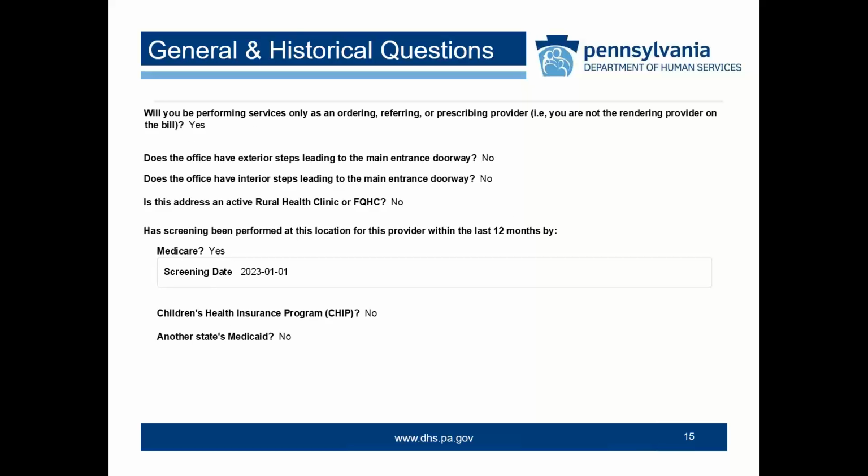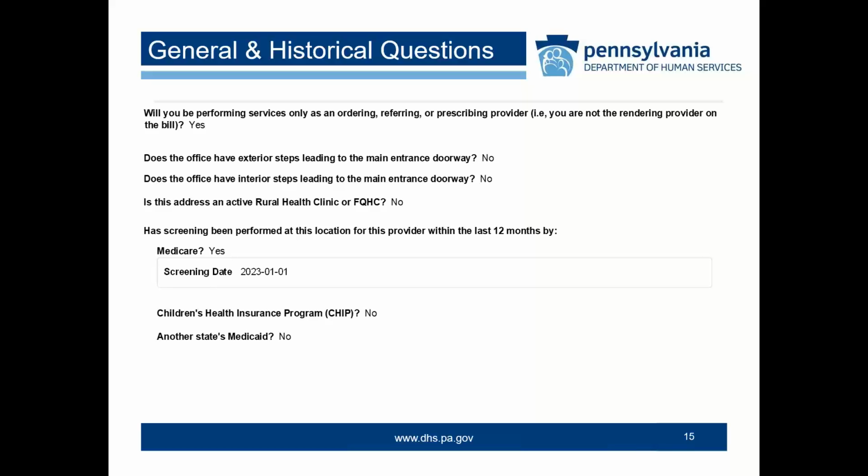On the next slide, we have our general and historical questions. First, starting off, asking if you will be performing services only as an ordering, referring, and prescribing provider. We also are asking about the exterior and interior steps leading to the main entrance, and this is for disability purposes.